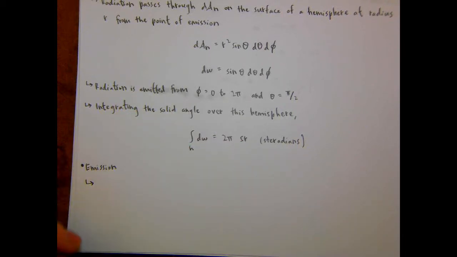So we're going to say, consider the rate at which emission from a differential area, dA1, passes through the corresponding differential area on the surrounding hemisphere, dA sub n.